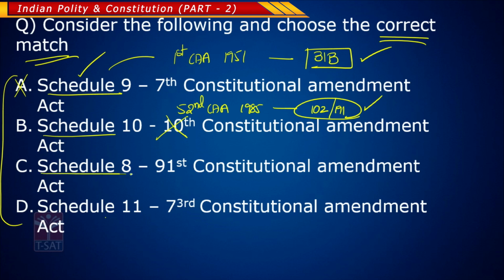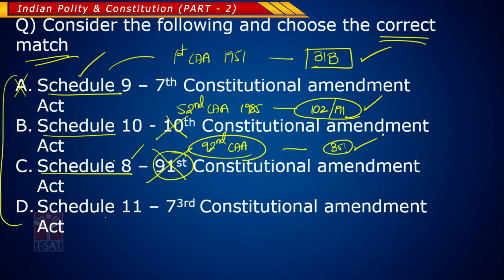Now Schedule 8, this is leaked. Schedule 8, it is not 91st, it is 92nd Constitutional Amendment. And Schedule 8 is linked directly to Article 351, 344, etc. It talks about official languages, so this is also wrong.